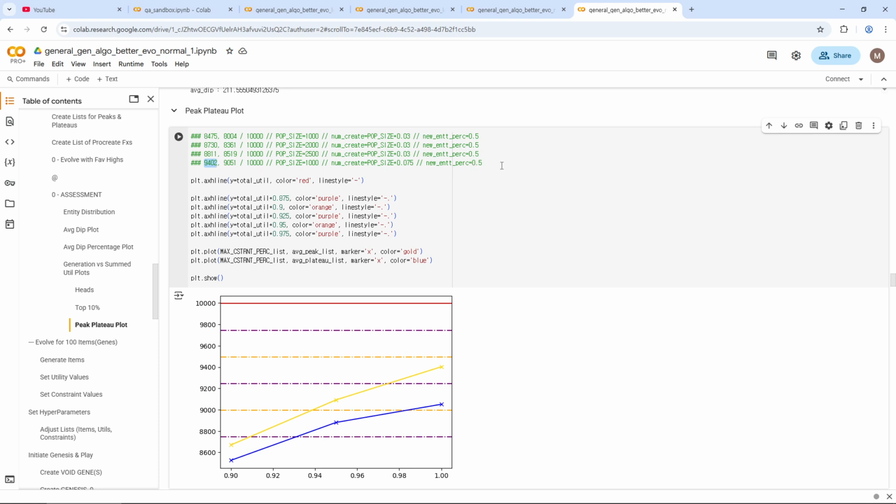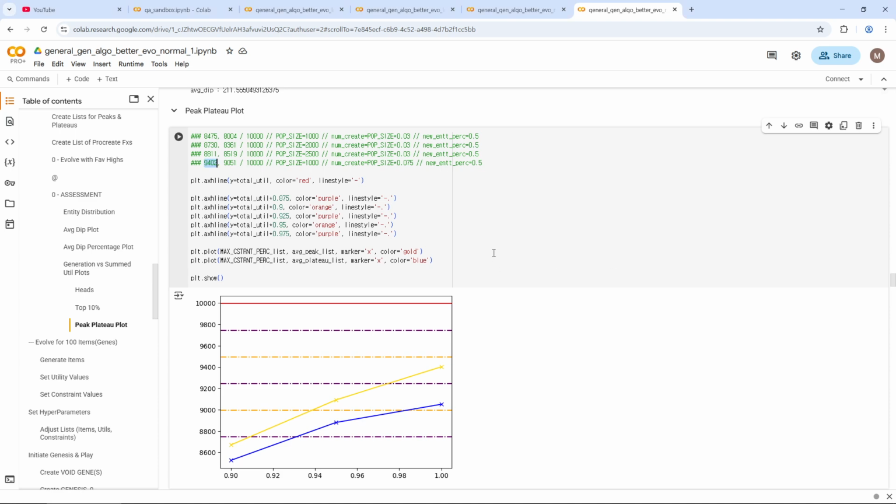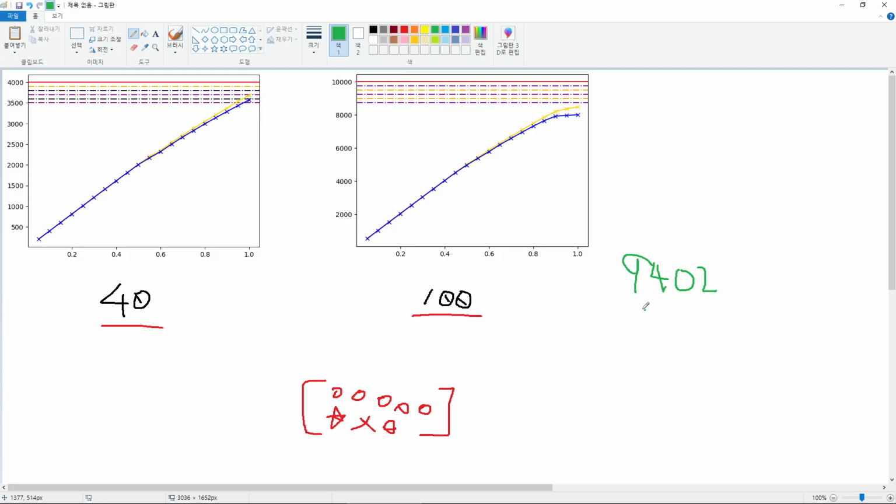So that is 9402, was it? And 9051. So 94 is somewhere here, I think.